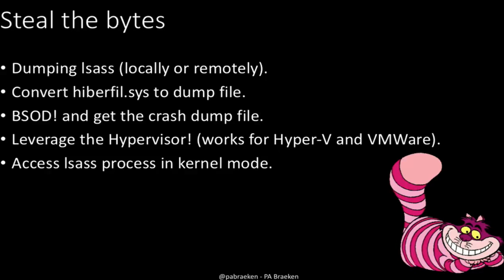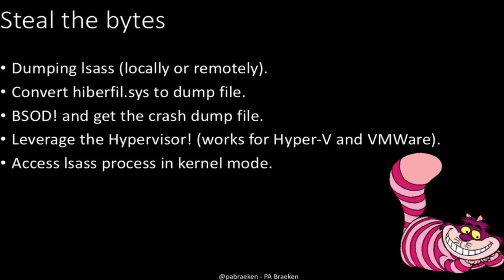You want to dump the LSASS process. You can do it by different mechanisms. One, dumping the LSASS process, lsass.exe, locally or remotely, because you can do it remotely too by calling WMI and asking the system to dump this process. You can convert hiberfil.sys to a dump file. You can make the computer crash and get the dump file and then give it to Volatility or pypykatz, and it will give you the password. You can leverage the hypervisor.